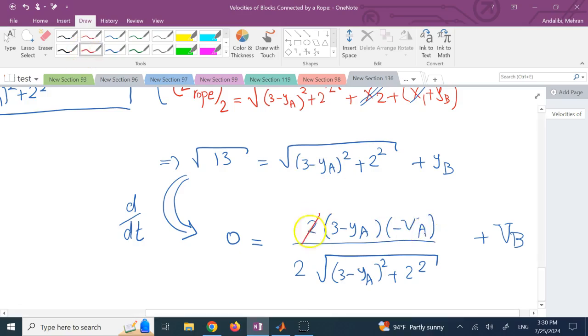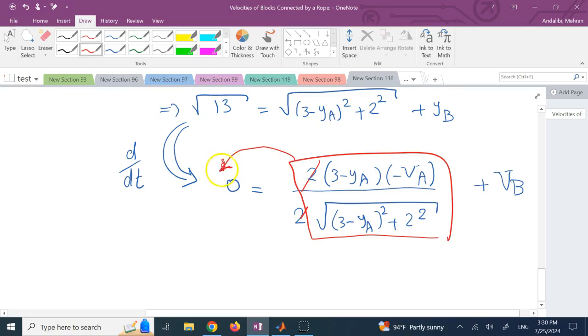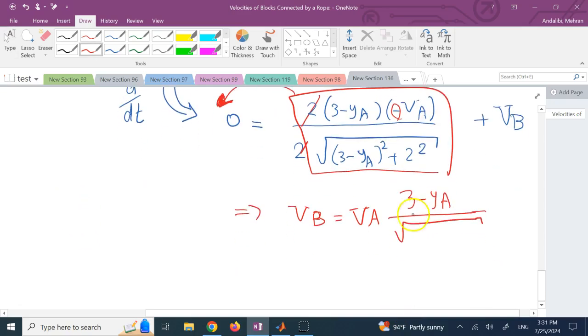And now you can get rid of these 2's. And then you can basically take this term to the other side. If you do so, you can get rid of that negative. And if you do that, you will get that VB equals VA times 3 minus YA divided by the square root.